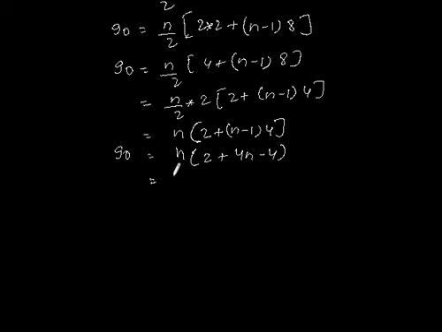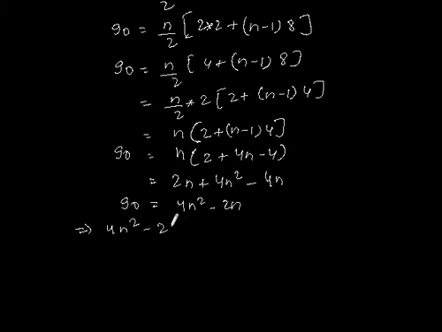This gives 2n plus 4n square minus 4n, which is equal to 4n square minus 2n. This implies 4n square minus 2n minus 90 is equal to 0.